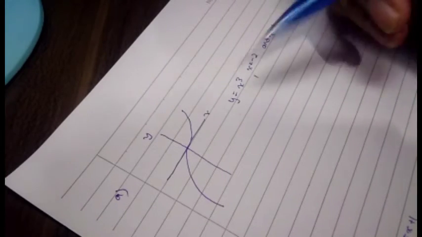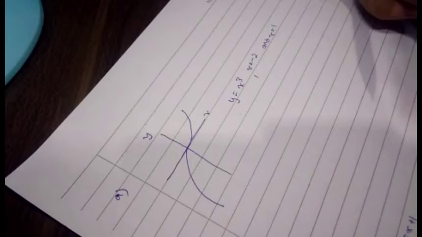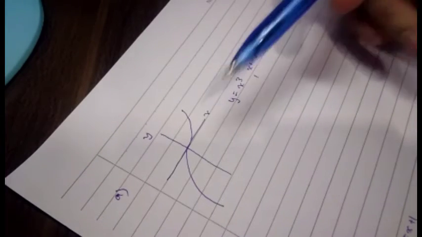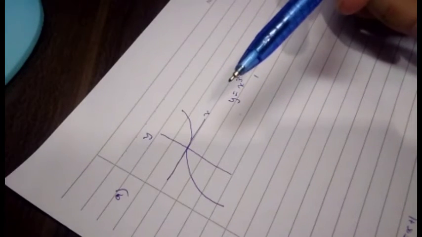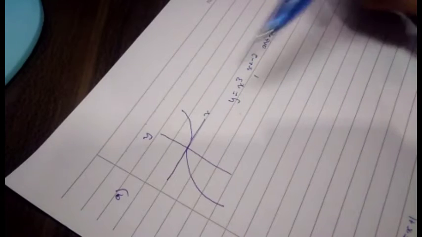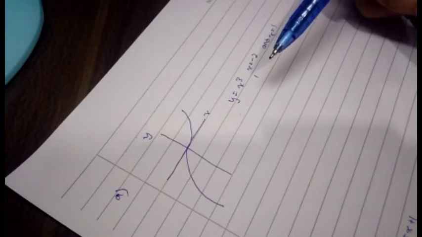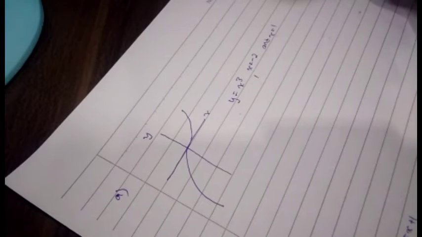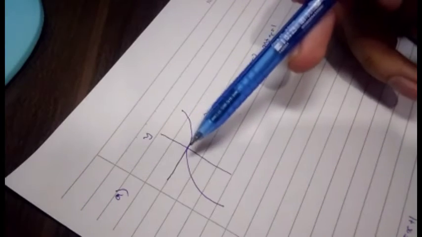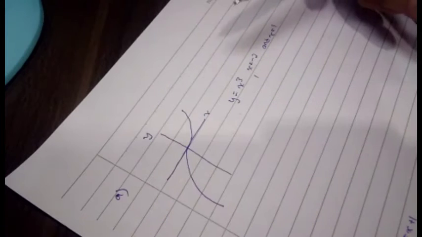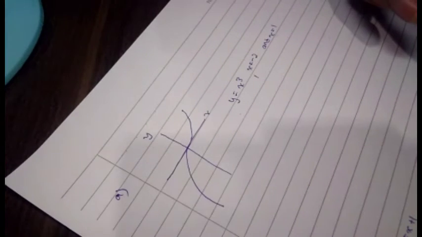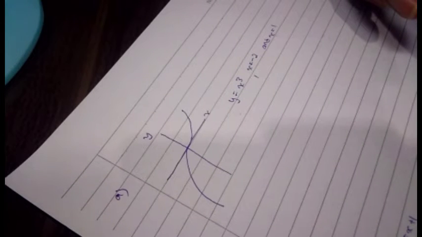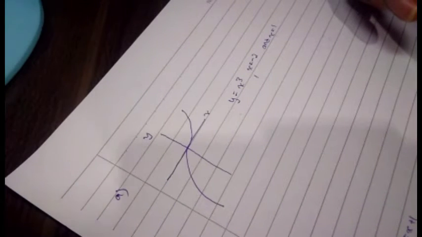Solution to this question: we can see from the graph that the portion between x equals negative 2 and x equals 0 is below the x-axis, so we need to take the absolute value for that portion.